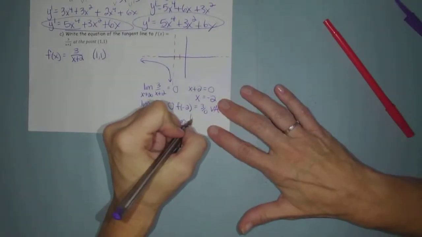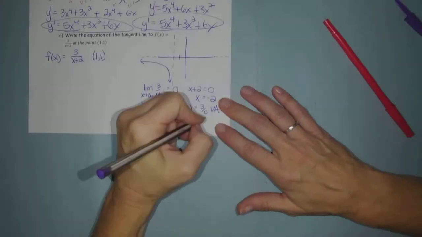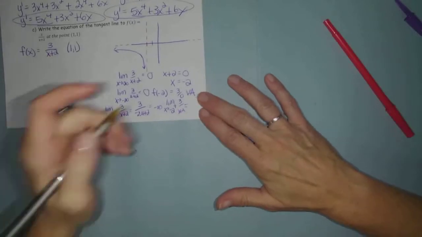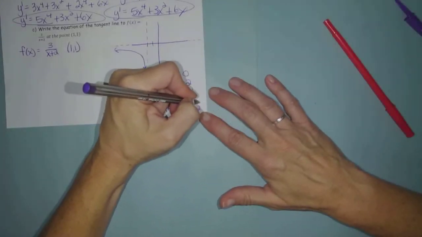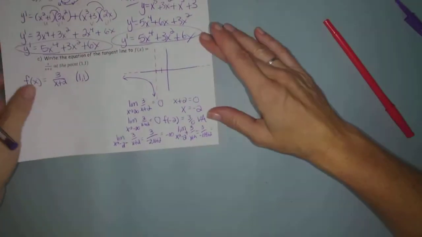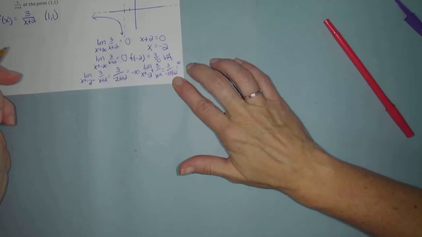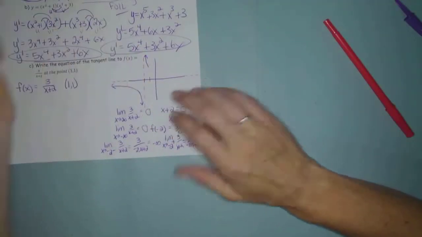Now, if I do the limit as x approaches -2 from the right of 3 over x plus 2, then I have 3 over -1.99 plus 2, which is 3 over positive 0.01 or positive infinity. So I know that as I'm coming here, I'm coming up.